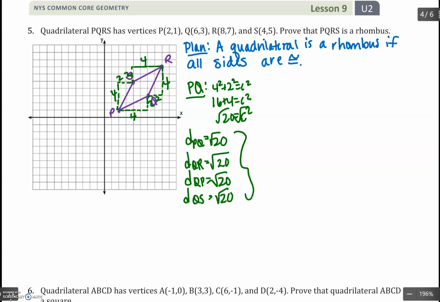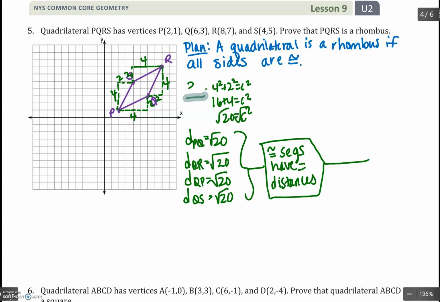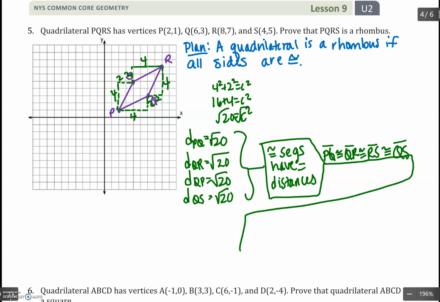And then I can say that congruent segments have equal distances. I'm just going to change this up here so it's not just PQ, it's all of them. And then I'll be able to say that PQ, QR, RS, and QS are all congruent segments.